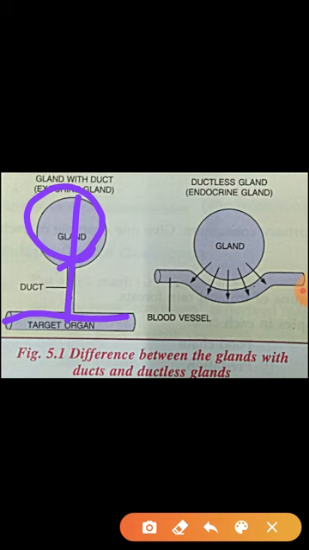So this is also known as a gland with duct. On the other hand, the endocrine glands secrete their hormones directly into the bloodstream. So these are also called ductless glands. These are the main differences between both of them.